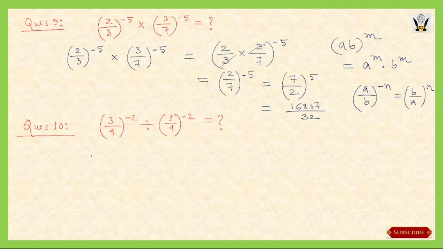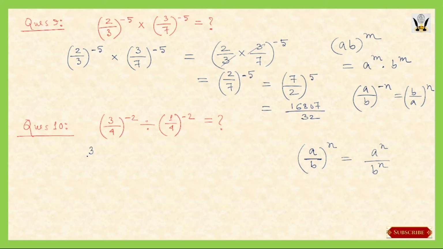Now the next question has a form similar to the previous question, but instead of multiplication we are dividing here. We have the law that when we divide two different bases, which are rational numbers, and take an exponent of the result, it can be expressed as a to the power n divided by b to the power n, the exponent of their individual bases and the ratio of them.